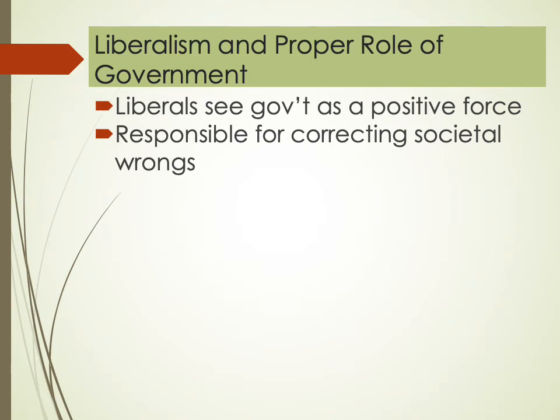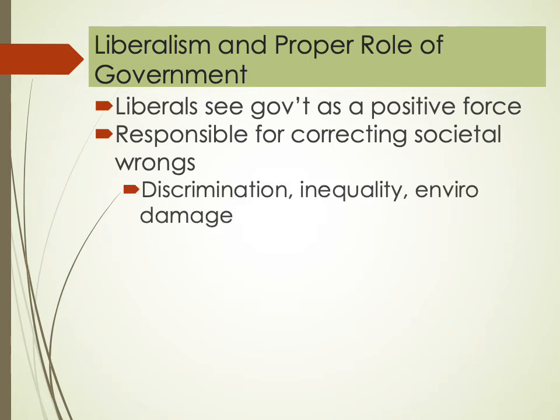And so from a liberal perspective, when it comes to discrimination, inequality, environmental damage, just as a few examples, the government has a responsibility to address those, to prevent discrimination, to get actively involved in that. If we see inequalities, whether it's educational inequalities or economic inequalities, the government should get involved to remedy those kinds of inequalities.